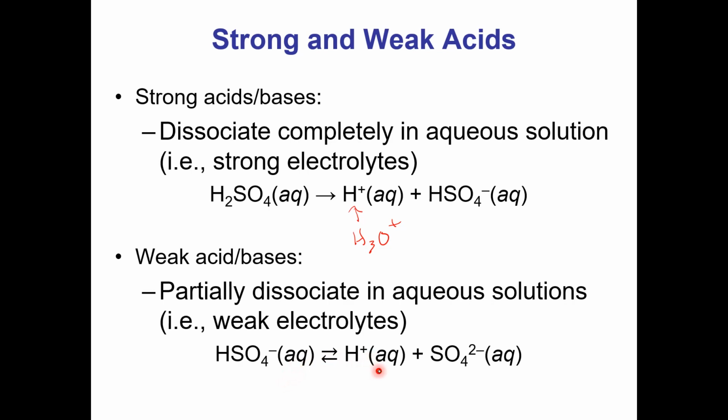We can go from reactants to products or products to reactants, and you will have some concentration of the HSO4- ions and some concentration of the H+ and SO4 2- ions. The key difference is that strong acids and bases dissociate completely, whereas weak acids and bases only partially dissociate.